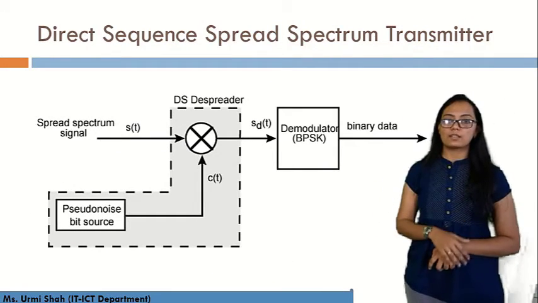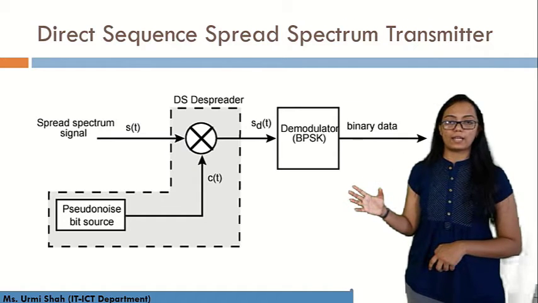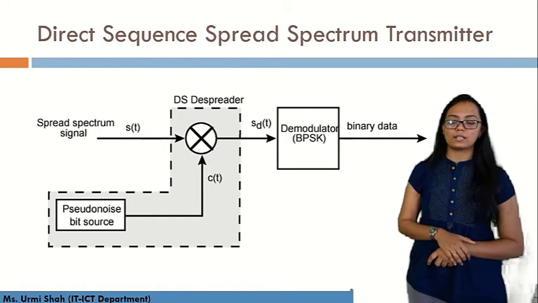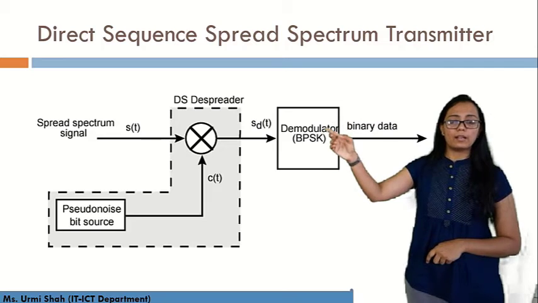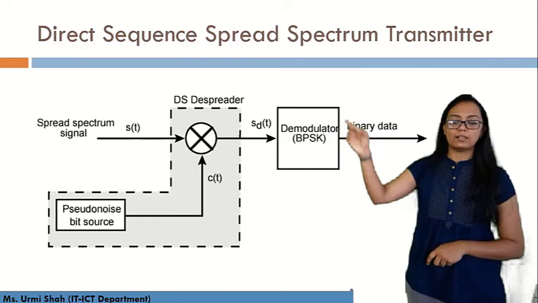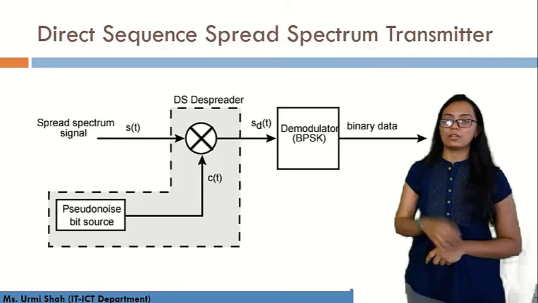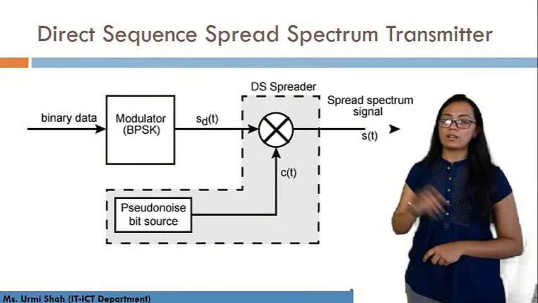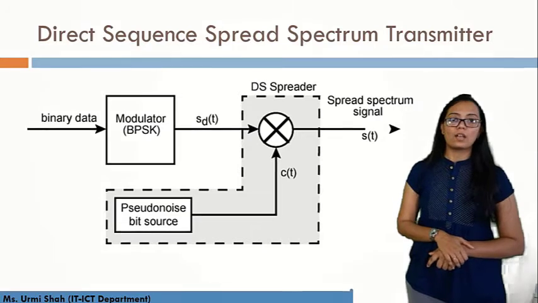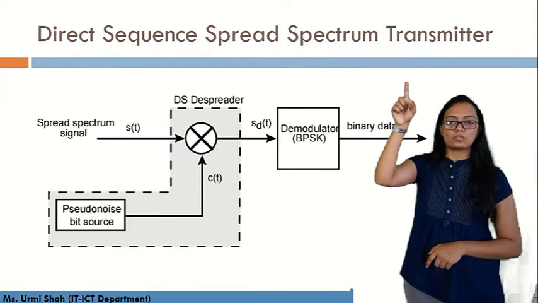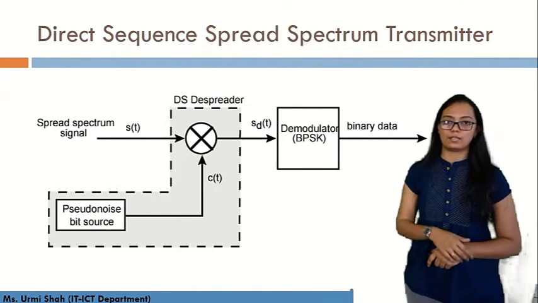The transmitter circuitry will have this block diagram, and the receiver circuitry will have a similar diagram with the demodulator and despreader block. So actually this is a receiver circuitry and that was a transmitter circuitry. So instead of transmitter, which is written over here, it should be a receiver circuitry.